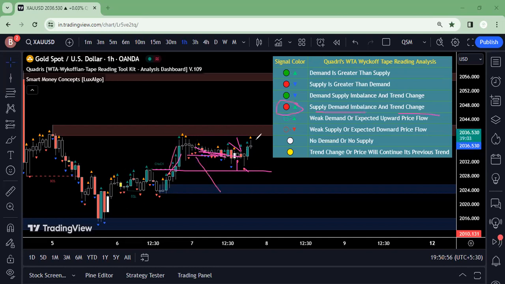There would be a trend change. So trend change, shift in trend, means whatever direction we are moving in from past certain candles or hours, or whatever duration you're using, we would see a change in that particular direction.